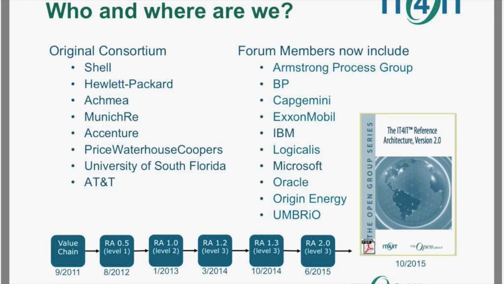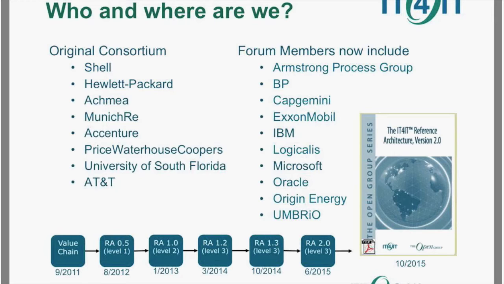So the first version of that IT4IT standard is out, and it's being actively evolved by the members, not only in terms of moving the standard forward, but also to creating the material for the supporting ecosystem, things like reference cards, and we're very actively working on creating a program by which people can be certified as proficient in IT4IT. And that's under the guidance, as always, of the members of the Open Group.